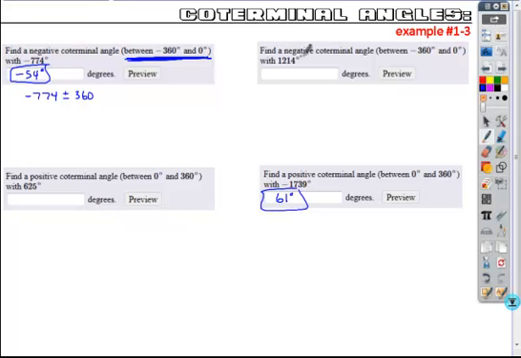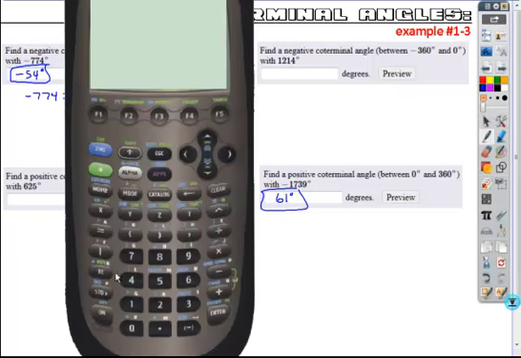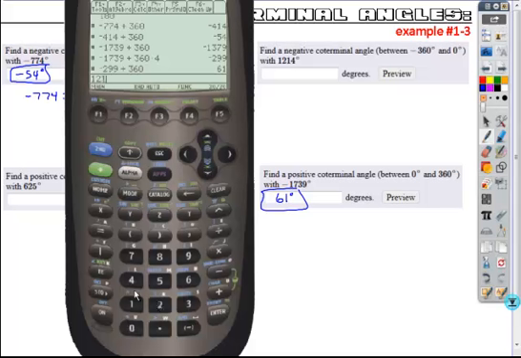The next one: you want to find a negative angle coterminal with 1214. I start with 1214 and start subtracting 360. As I do this once, I see I'm still a ways off. You should be familiar with some of the numbers: 2 times 360 is 720, so I know I'm still at least 2 more away.